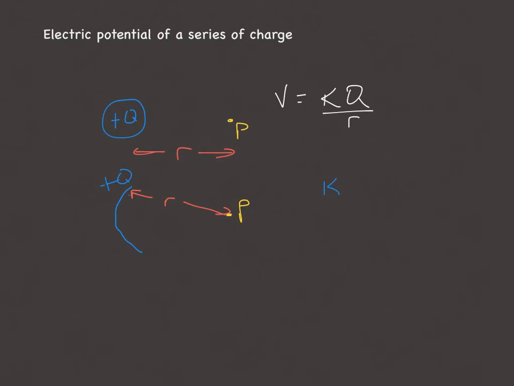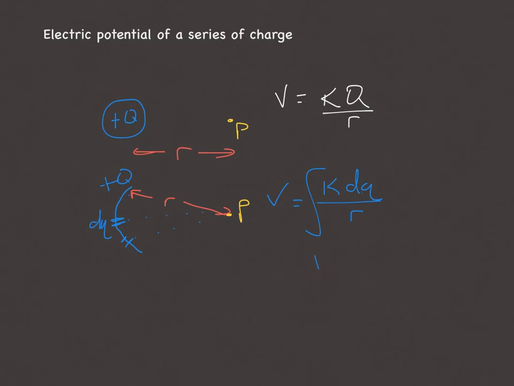Because every bit of that charge, every little dq there, is a distance r away, this would actually be a dq over r, right? Because we would add up all those little dq's that are all the same r away, just not in my diagram, that's definitely not drawn correctly.